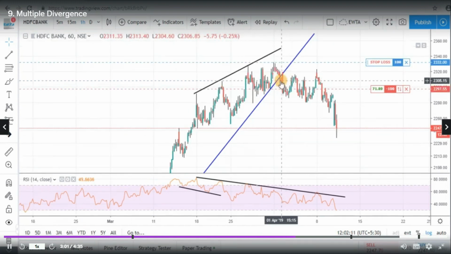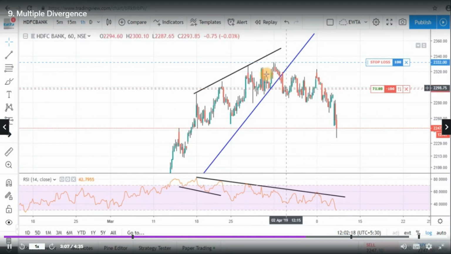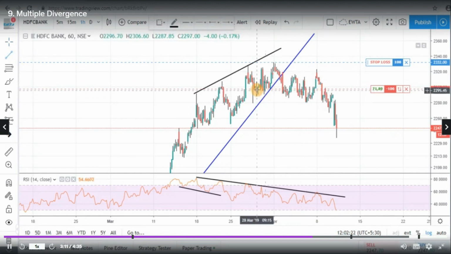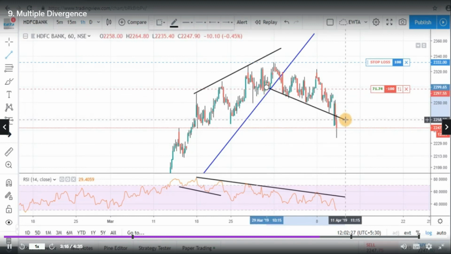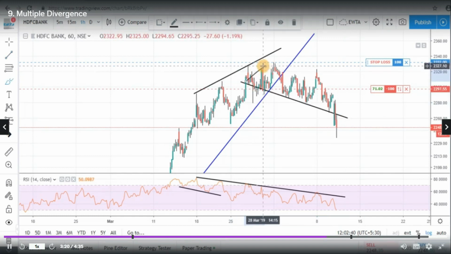But see, after the breakout of trend line, prices were going in sideways direction. And why prices were going in sideways direction? If we draw a trend line for this sideways move, we can see here prices were making a sloping down head and shoulder pattern.